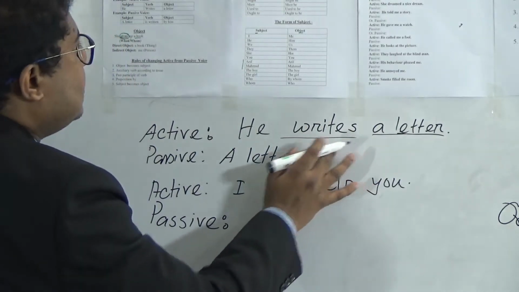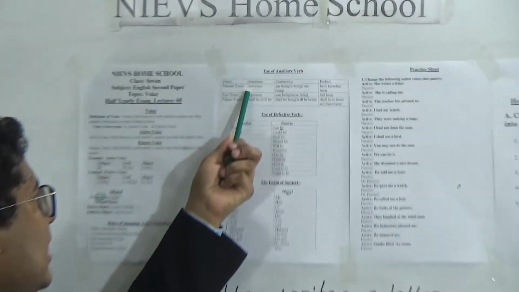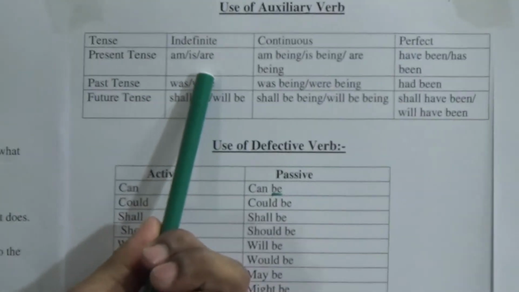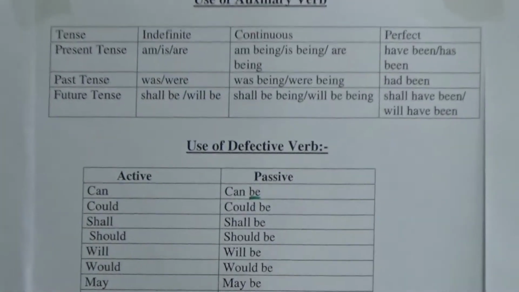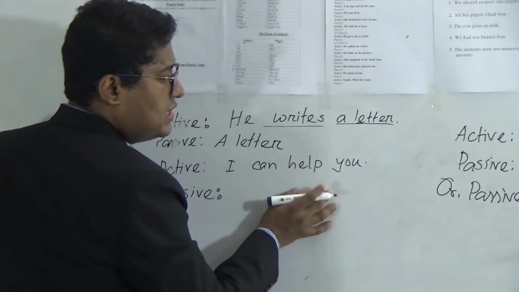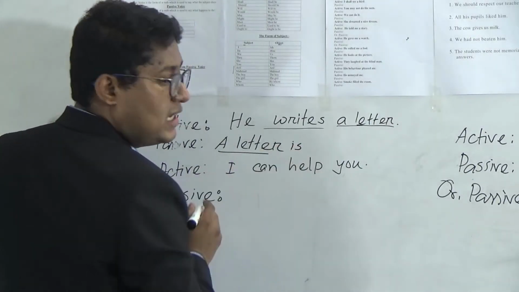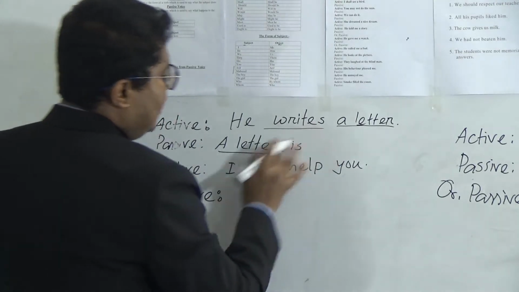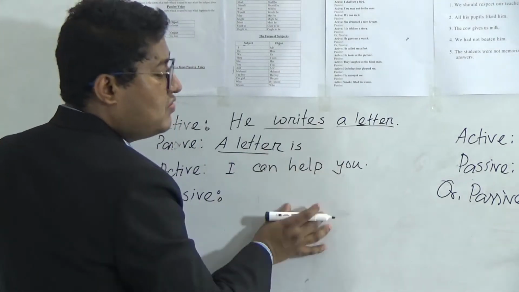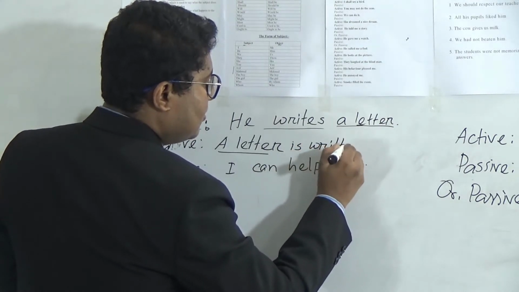So let's come to this box. In present indefinite tense, we use the auxiliary verb am, is, are. Okay. So in this sentence, what will we use? Am, is, or are? Are with letter? That's why we have to use is. And then the past participle of the main verb: write, wrote, written.